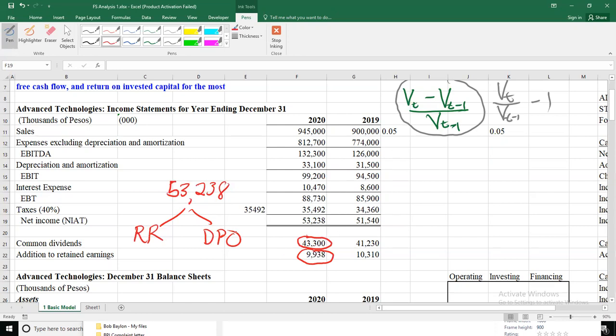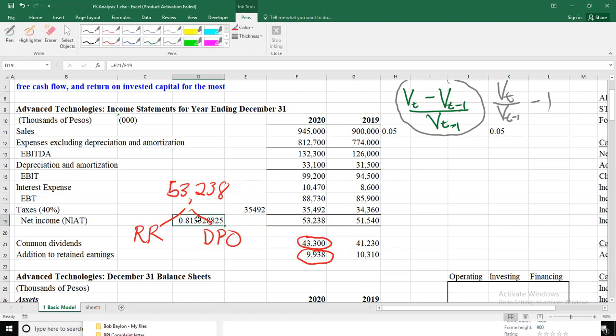Okay, so what's the dividend payout ratio? So this is equal to, ang binigay na dividends is 43 divided by 53.